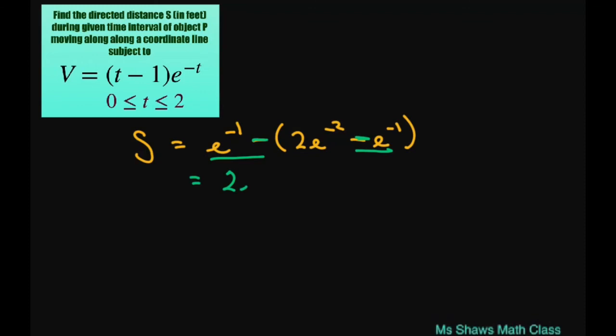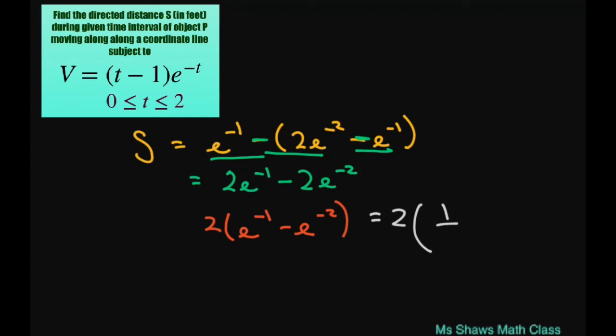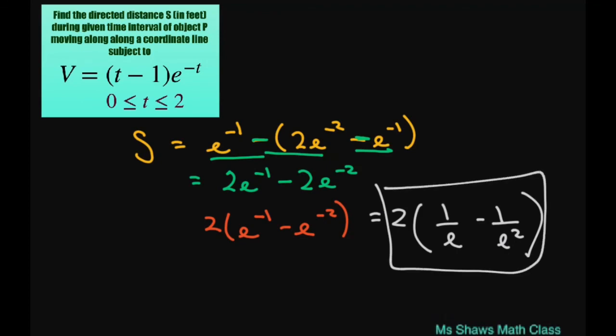So we have 2e to the power of negative 1 minus 2e to the power of negative 2. I can factor out a 2, giving e to the power of negative 1 minus e to the power of negative 2. It looks better if you take away those negatives and write it as 1 divided by e minus 1 divided by e squared. And that is your final answer.